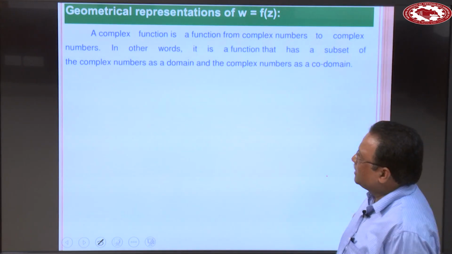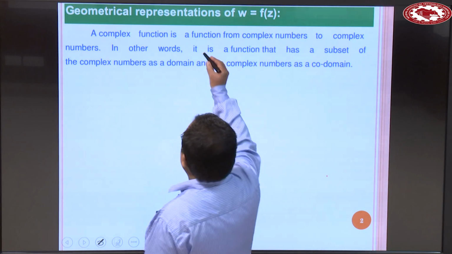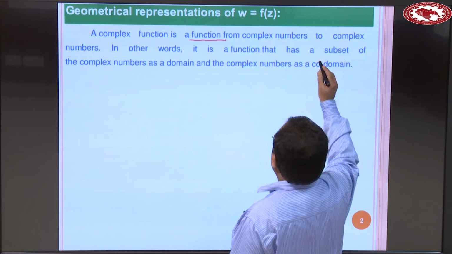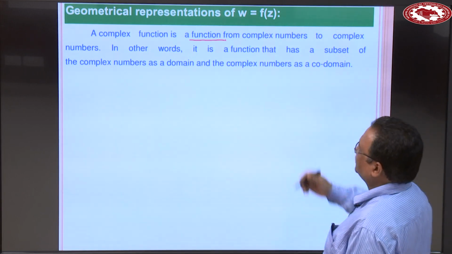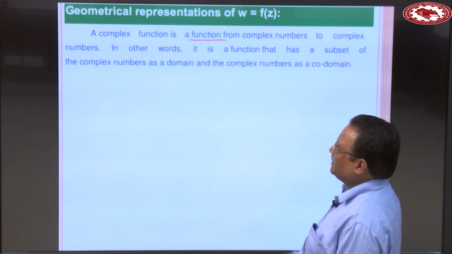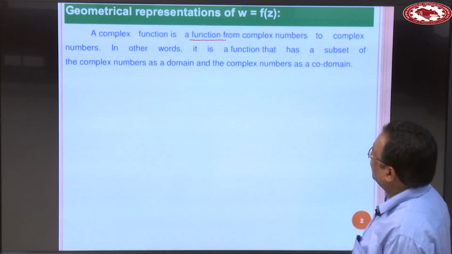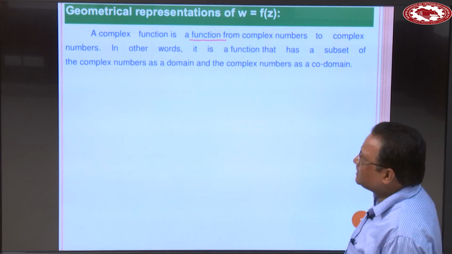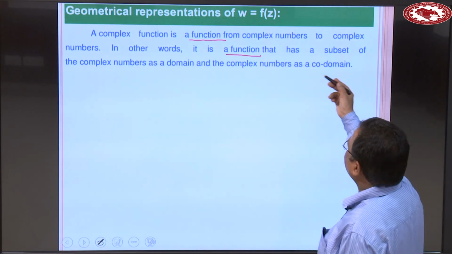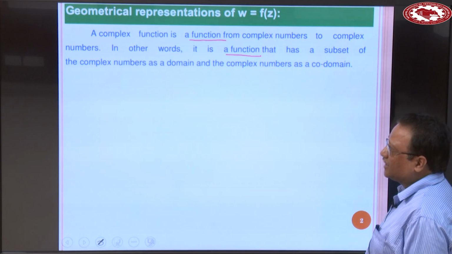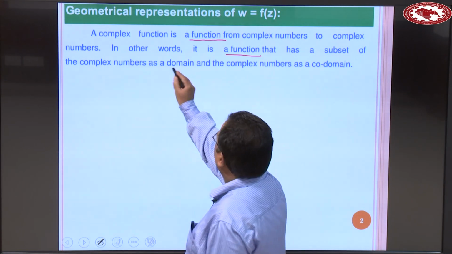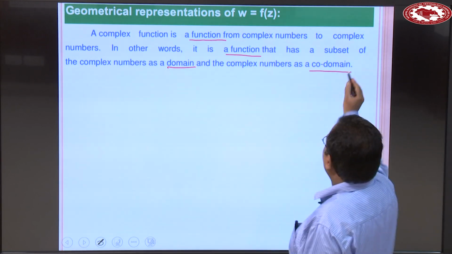A complex function is a function from complex numbers to complex numbers. In other words, it is a function that has a subset of the complex numbers as a domain and the complex numbers as a codomain.